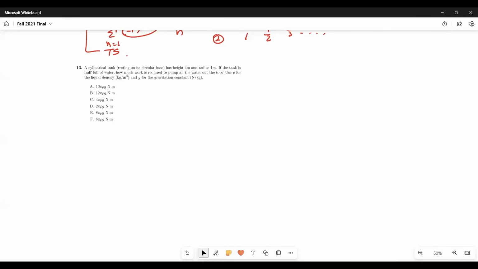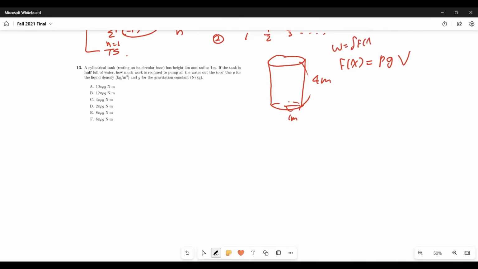Okay, this question asks how much work is required to pump all the water out. So it's a cylindrical tank like that, with a height of 4 meters and a radius of 1 meter. Cool. So force is equal to pgV, and the only reason we are finding the force is because work is force times distance.